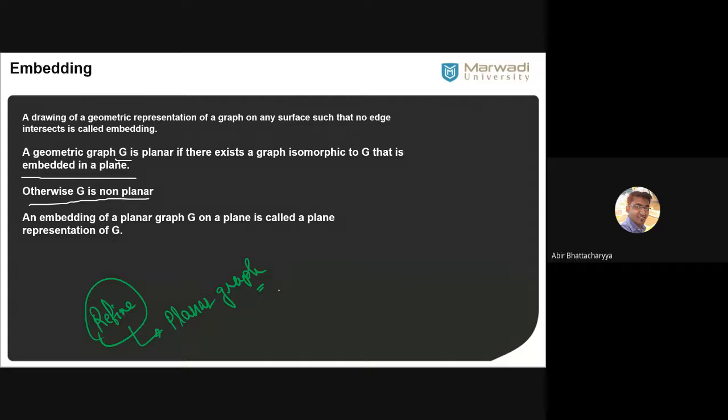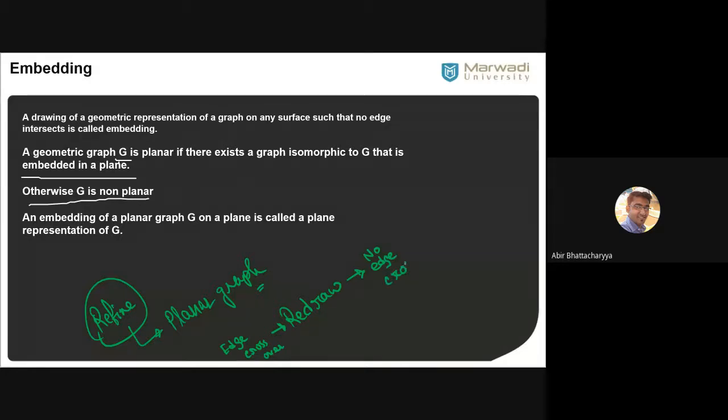But if I can redraw the graph, okay, edge crossover is there. What I will do, I will redraw the graph and there will be no edge crossover.